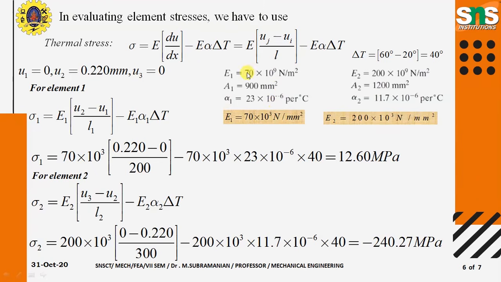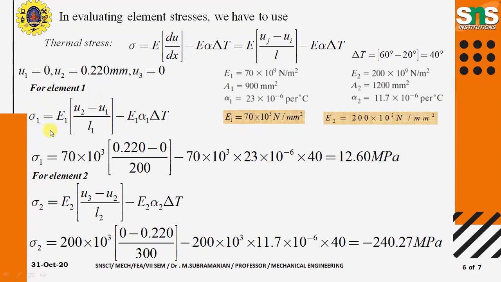This data is for element 1, and this is the element 2 data. The displacements are U1 is 0, U2 is 0.22 millimeter, U3 is 0.